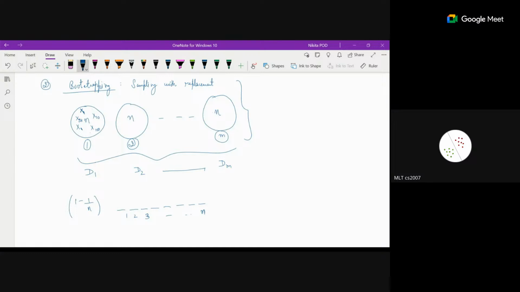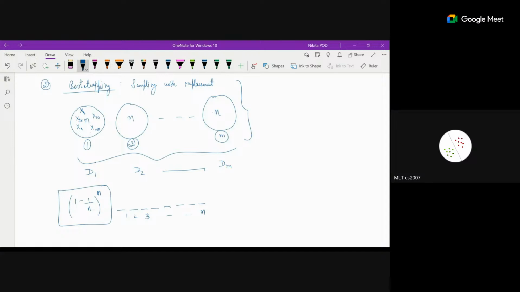But if I'm finding the probability that this data point has not even come in this bag, then it means that every time I'm picking a data point, this has never come. So that probability will be 1 minus 1 upon n to the power n, right? So this is the probability of any data point not being in the bag.